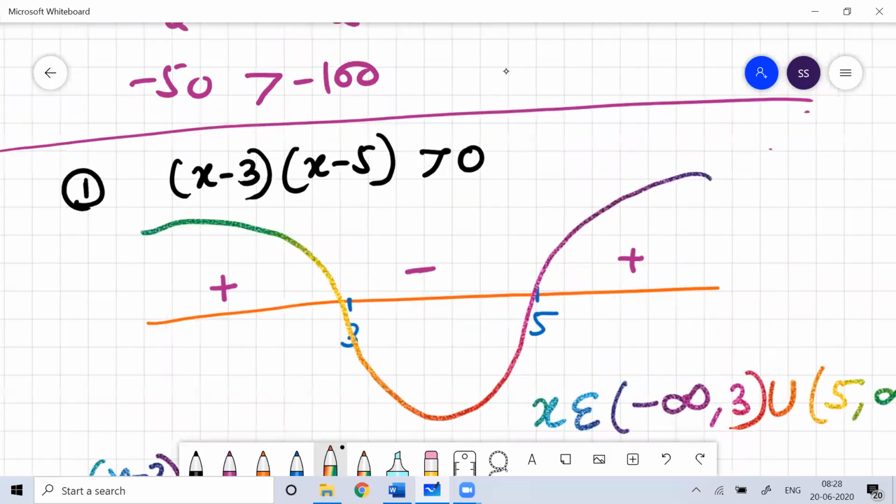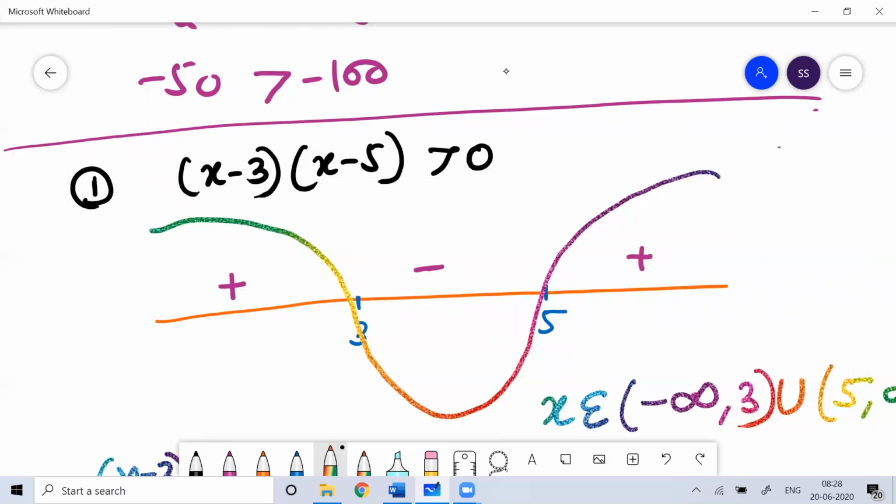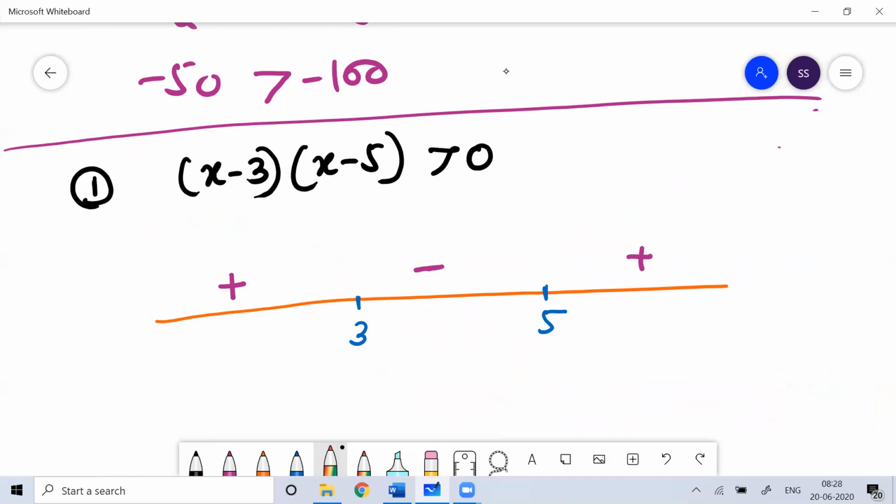And guys, the very important thing you have to understand here: whenever you draw the number line, once your critical points are identified, you can always start from the extreme right.